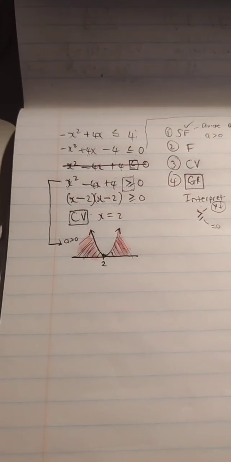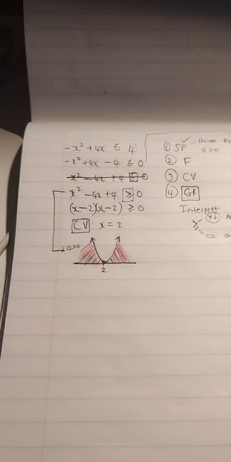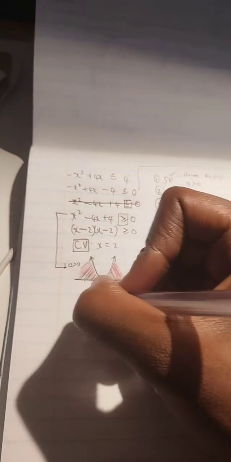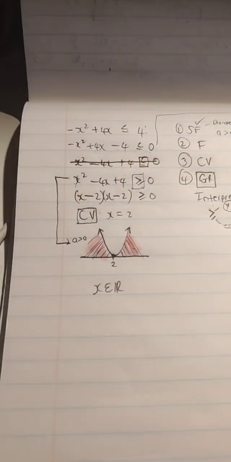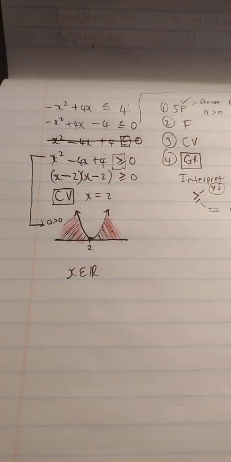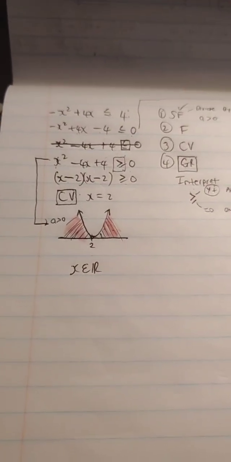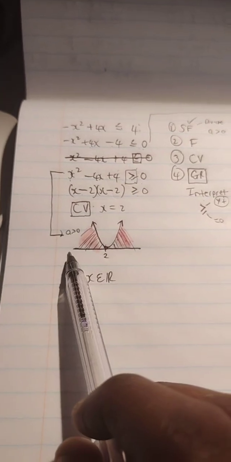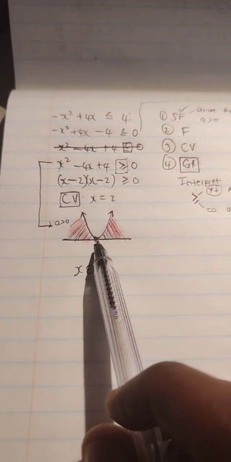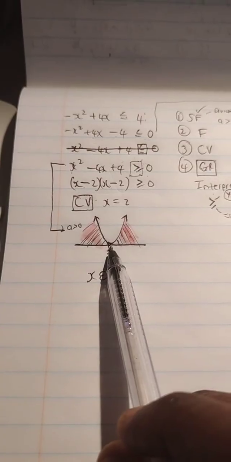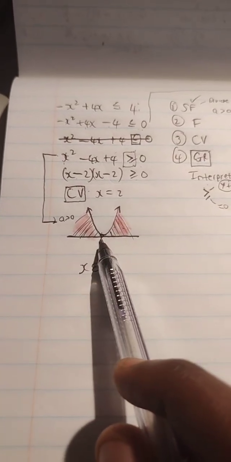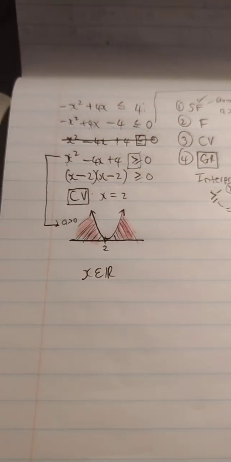So guys, if that is the case, then we can simply say this: x is an element of all real numbers, from negative infinity to 2, and from 2 to positive infinity, including the 2 as well.